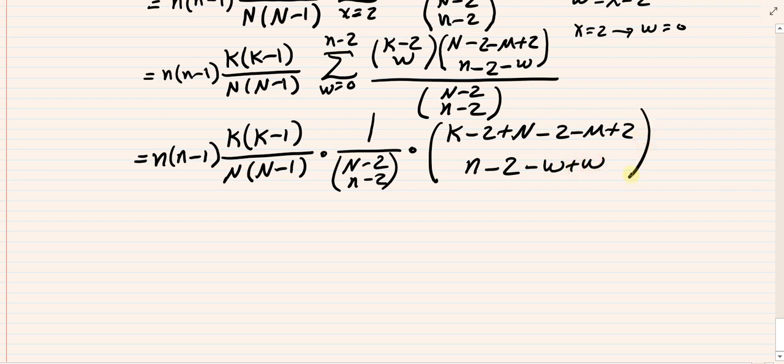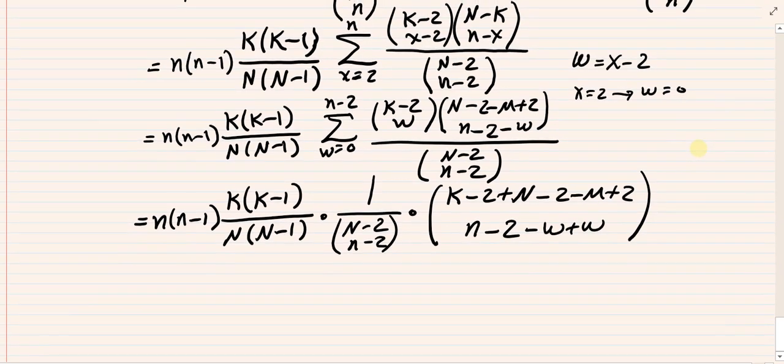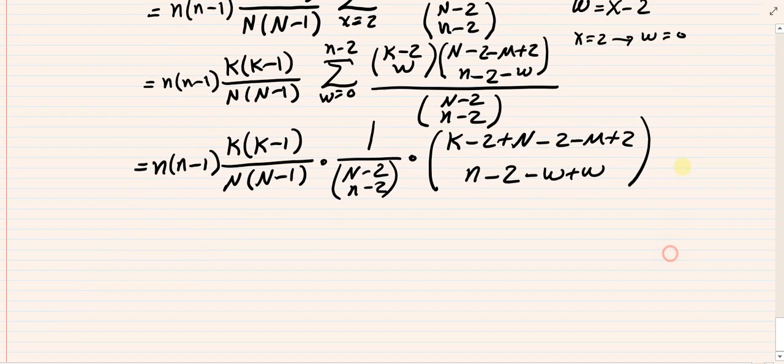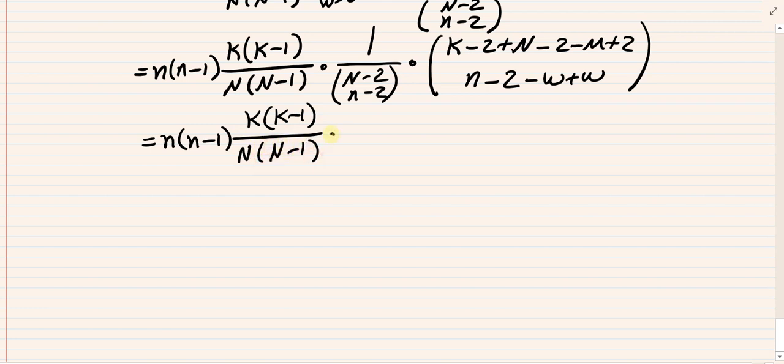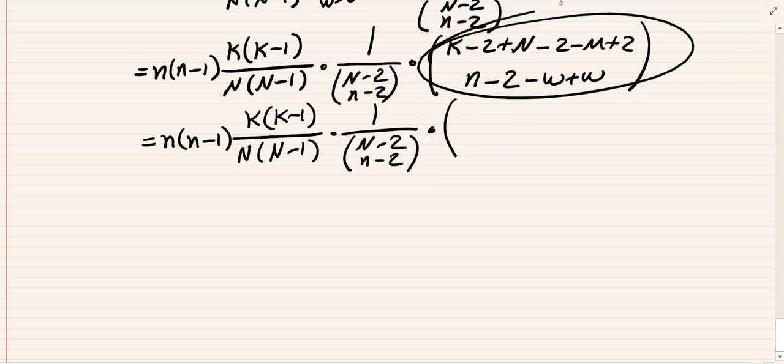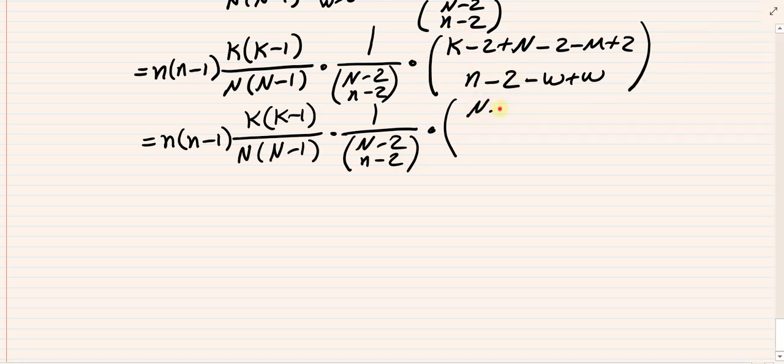Okay. So please correct this one. Make sure. Yeah. And it's good. So this is going to be n minus 1, k minus 1 over n minus 1 times 1 over n minus 2 times, now working this expression, we're going to get n minus 2.